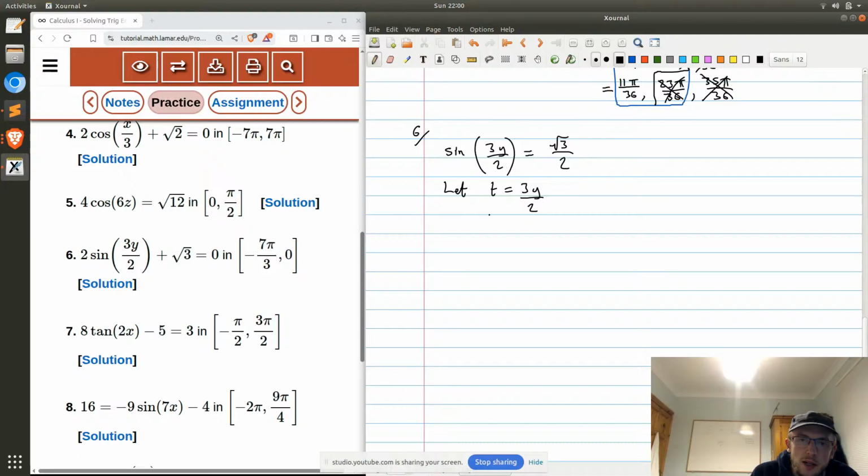Then we're considering sine of t equals root 3 over 2. We recognize that as an exact value, but notice the solution domain, the domain of y. Well, what do I do?